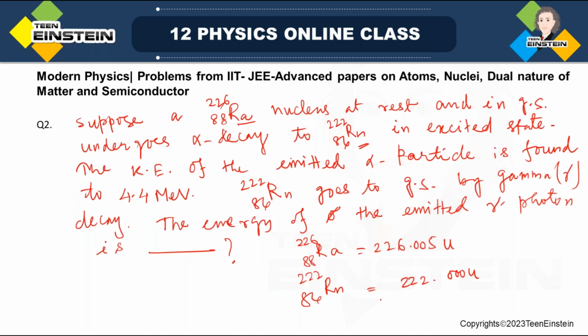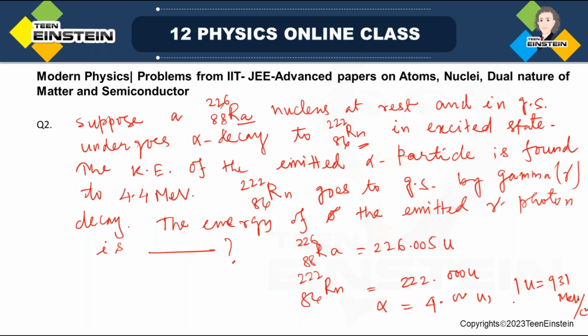Further, the alpha particle has atomic mass 4, and we know 1 u is 931 MeV by c squared, where c is the speed of light. So these are the points given.